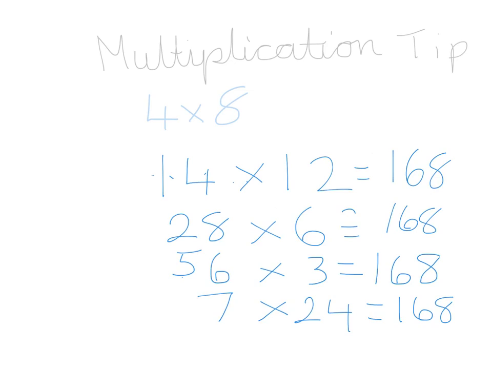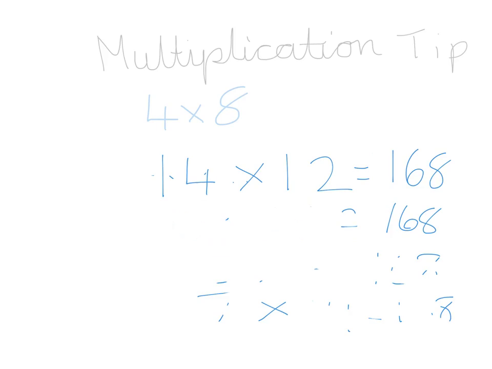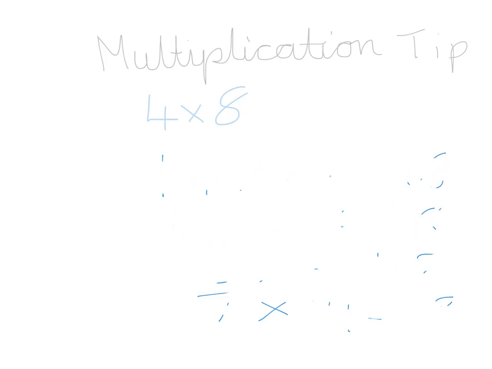And as a matter of fact, it's not just halving and doubling. As long as you divide one side by a number and times the other side by the same number, you'll still get the same answer. So for example, if I had 24 times 3.